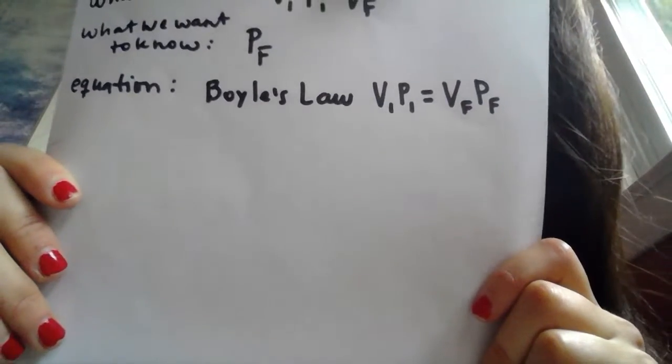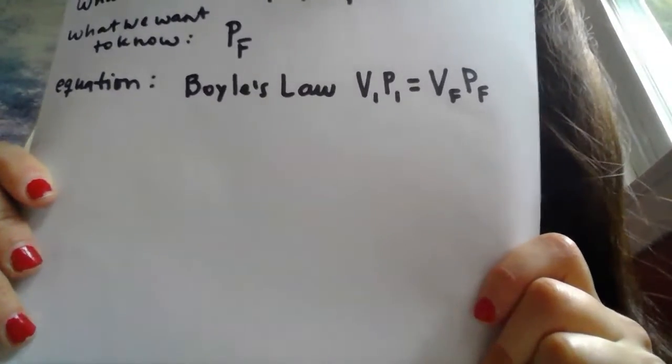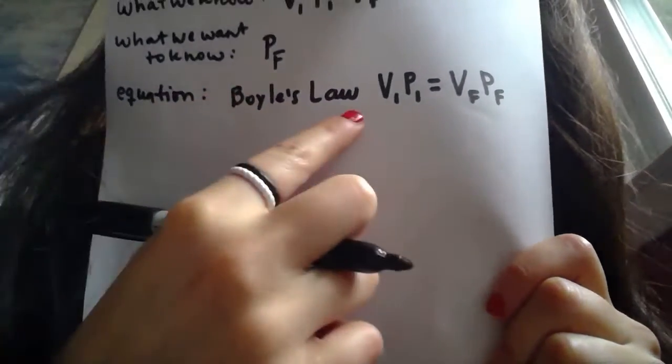So I know that it's Boyle's law, which tells us that V initial multiplied by P initial is equal to V final multiplied by P final. So initial volume multiplied by initial pressure is equal to the final volume multiplied by the final pressure, and this is known as Boyle's law.